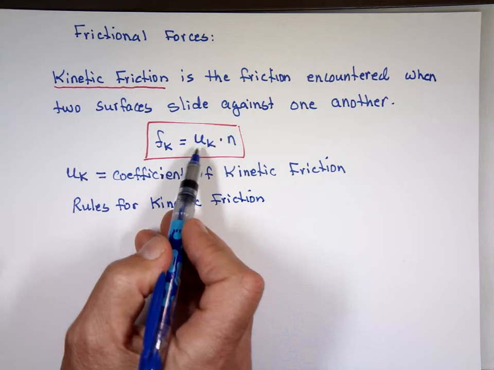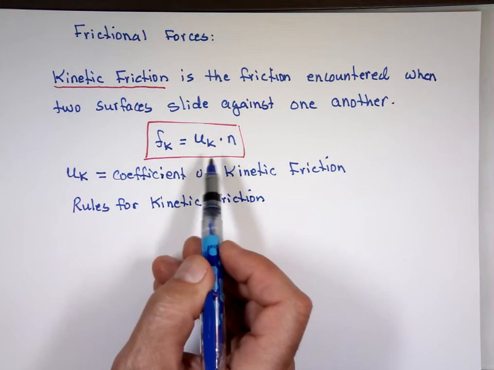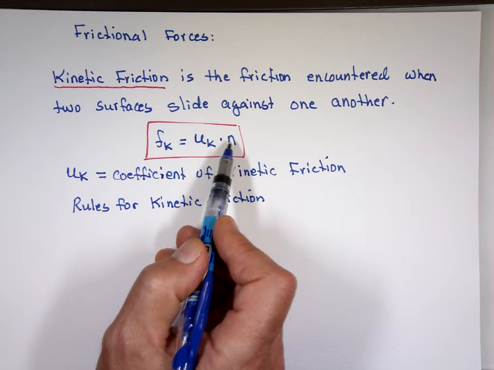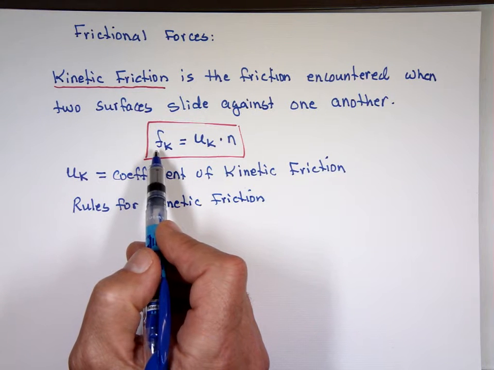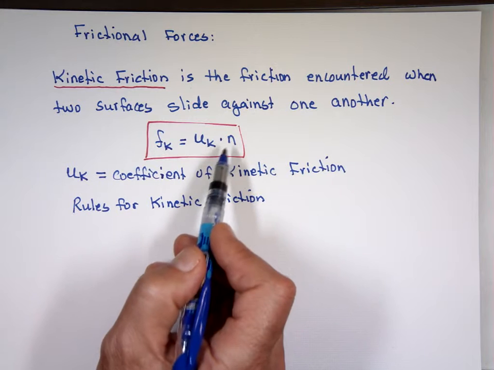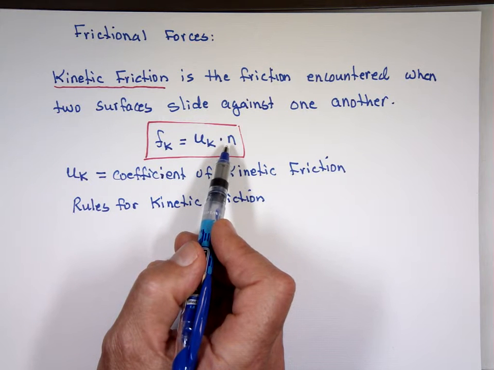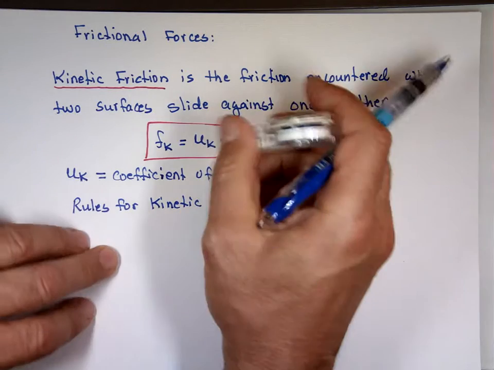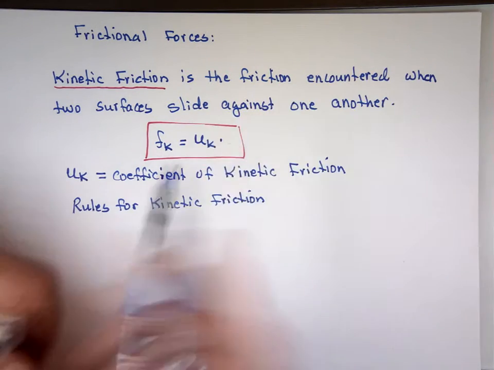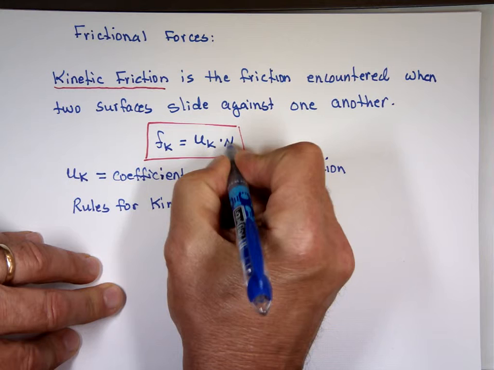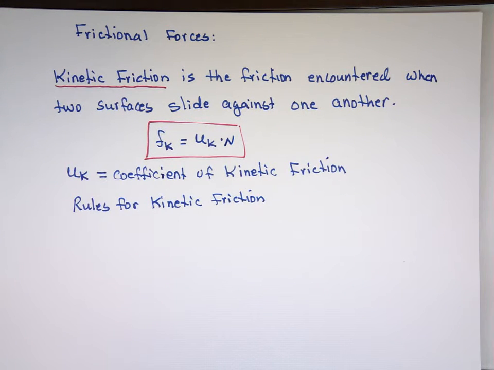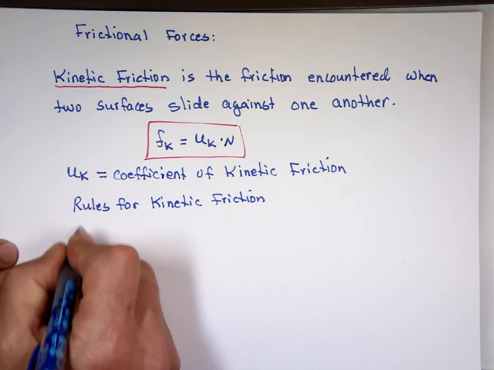Let's pick a number for mu k. Let's say it's 1. If N is 50, 1 times 50, the friction force is 50. Now what will happen if N becomes 100? What is 1 times 100? That's 100. So notice as the normal force increases, the kinetic friction increases. So that's rule number 1.